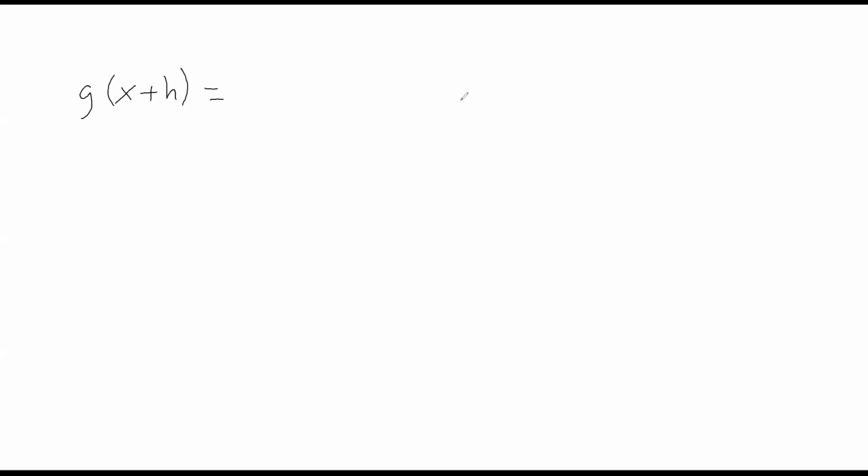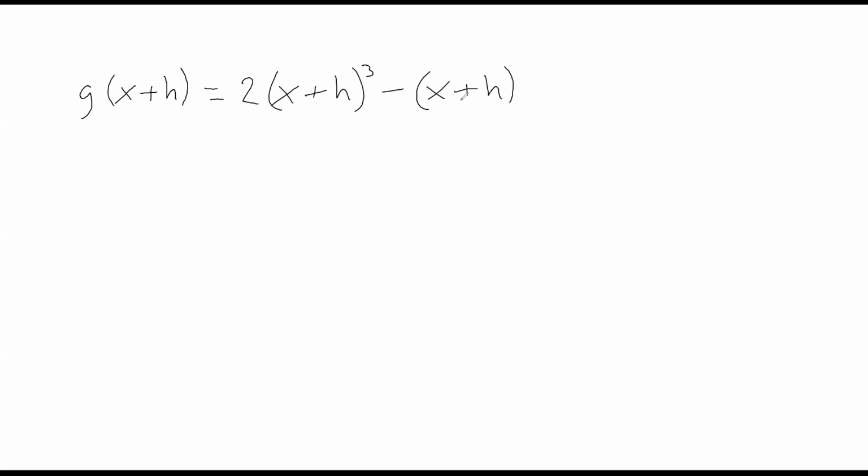That's equal to 2 times the cube of (x plus h) minus (x plus h). And of course, you recognize that the parentheses around the x plus h in both cases here are absolutely necessary for the correct order of operations.